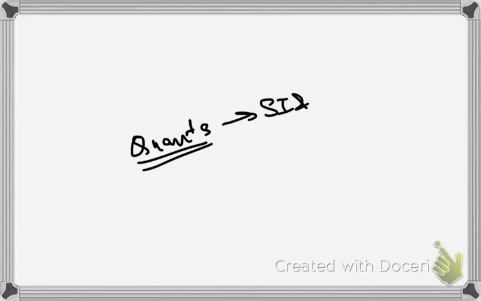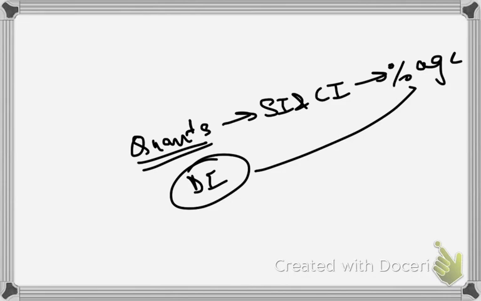Now overall, in the end, I would like to say that in quants, you can always combine your simple interest and compound interest with your percentage chapter, and DI is entirely based upon percentage. This is the short summary.